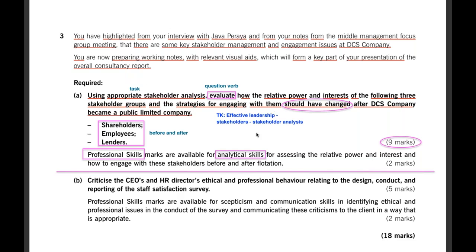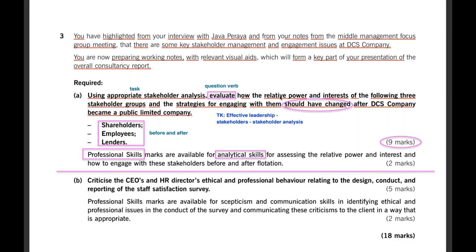So what is required in this particular question is that you are asked to use appropriate stakeholder analysis to evaluate how the relative power and interest of the following 3 stakeholder groups, and the strategies for engaging with them, should have changed after DCS company became a public limited company.